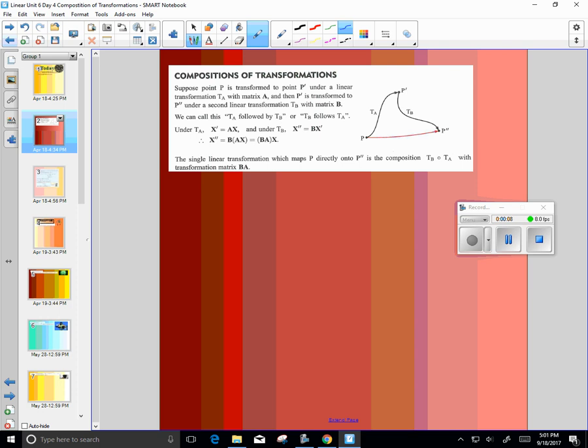I have composition of transformations. We showed earlier that if you do a double transformation where you change to standard matrices, T of A, and then you do transformation B, so you do B and then you do the transformation A, you can just say that this is B times A times X. Now notice B is first because you do the inside first.